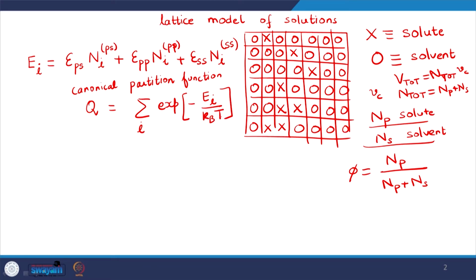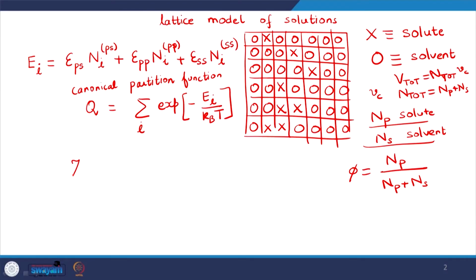Now the key point here is we are not looking at the momenta of the molecules, and therefore we are only looking at the configurational part of the system, and that will basically contain only the information regarding the positions, not the momenta. Nonetheless, we can define the partition function for this system as Q here.